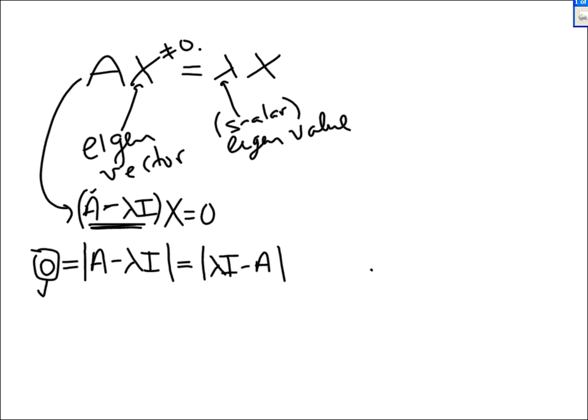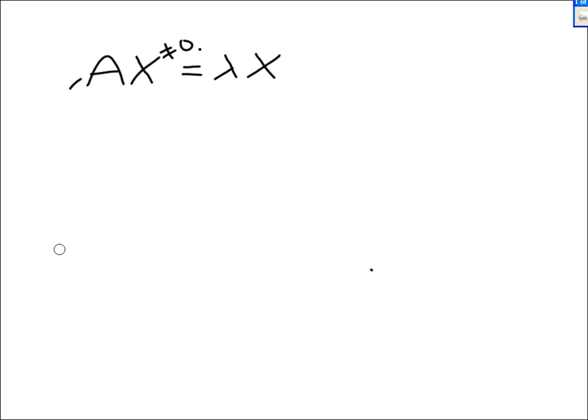And when you solve this, it'll be a polynomial in terms of lambda, and you set it equal to 0. So you can find the lambdas that way. That is, you can find the eigenvalues that way. Okay, enough of talking. Let's look at a number of numerical examples.